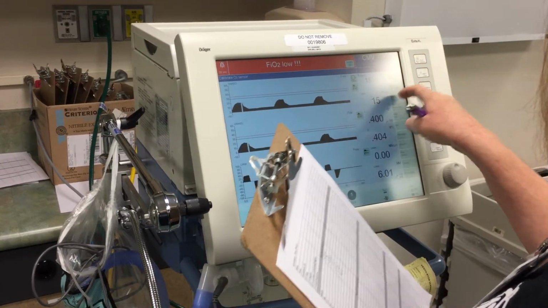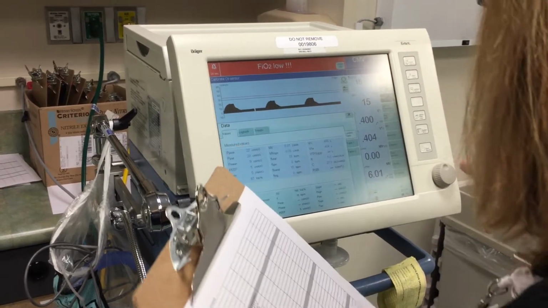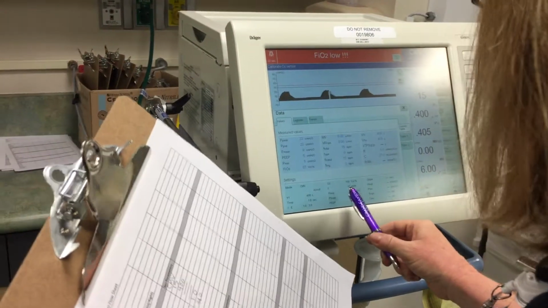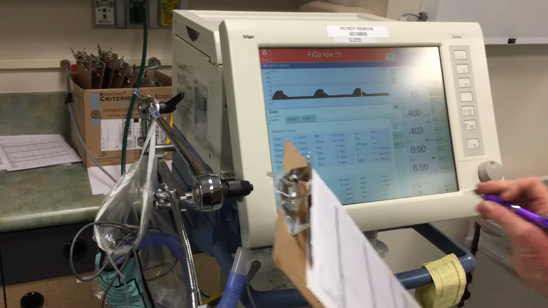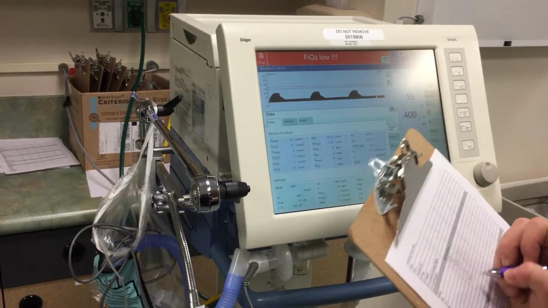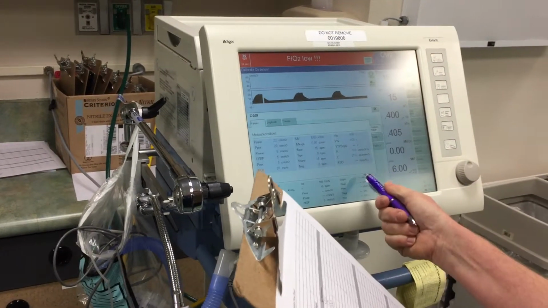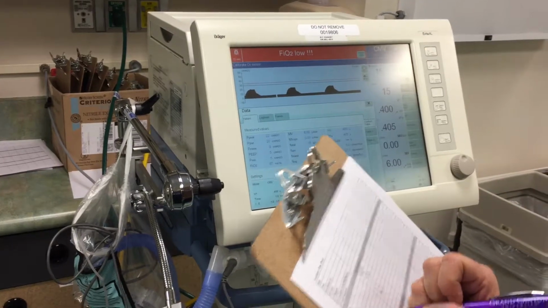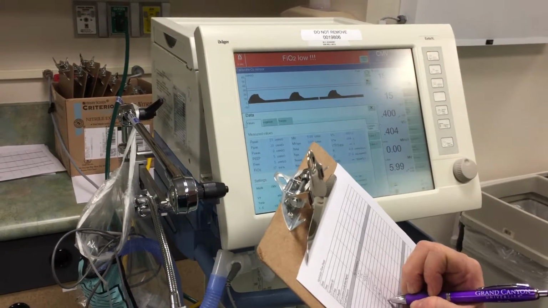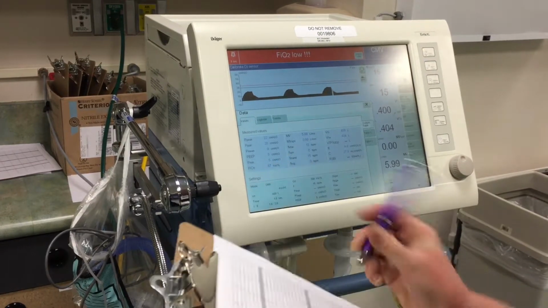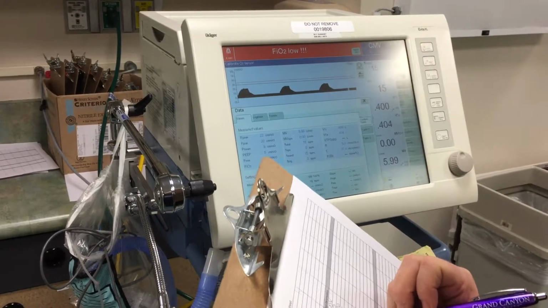Rise time, we don't have a rise time. We go to data. So, inspiratory, these are my settings. So I don't have a rise time in this, which should be slope also. PEEP is at 5, FiO2, I put it at 100%. IE ratio is at 1 to 3.